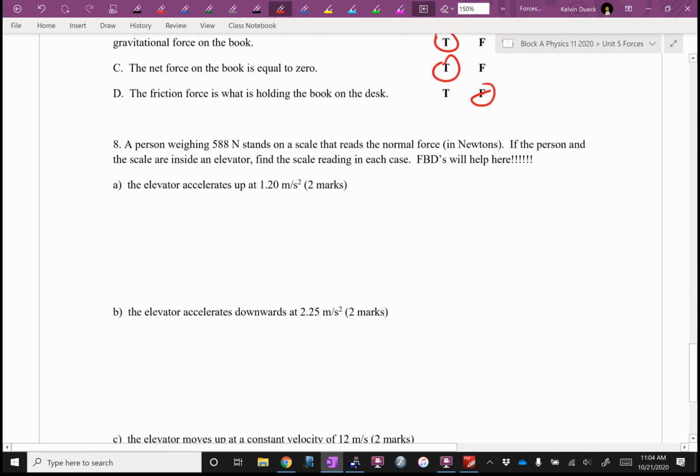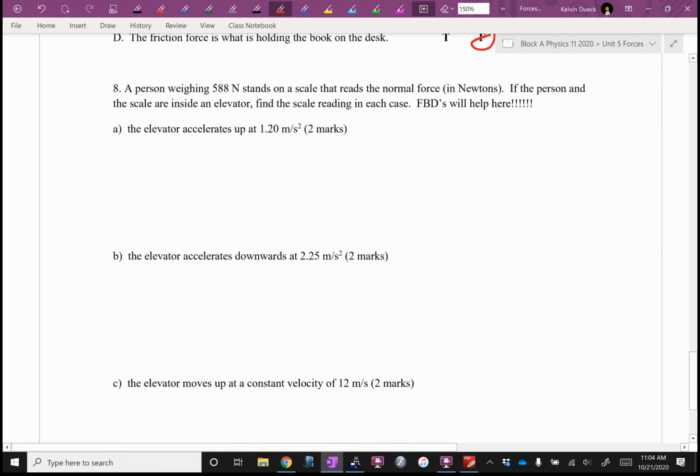I like number 8. There's going to be an elevator question on your test. Okay? First of all, did you notice I gave you the weight, not the mass? This person does not weigh 588 kilograms. That'd be a lot. We're accelerating up. This is a job for a free body diagram. What are the forces acting on this person?